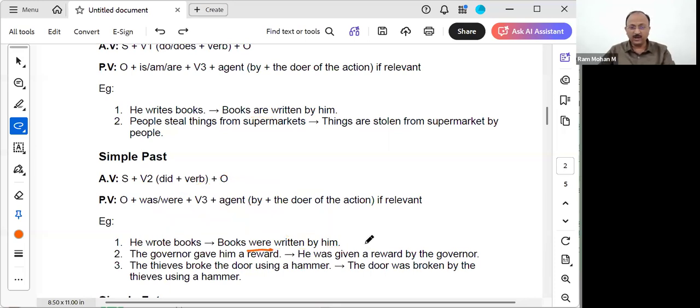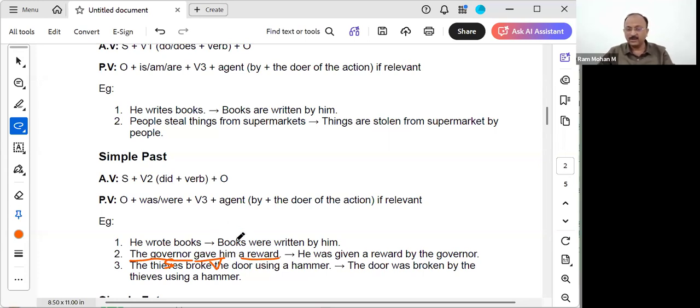Now we'll see, if did is there, sometimes the did verb also will come. The same things we'll be using here. Let's see. The governor gave him a reward. The governor is the subject. Gave is the verb. A reward is the object. Correct? Him. He is the object here. There are two objects. Sometimes a sentence will contain two objects. The governor gave what? Gave to whom? Him.